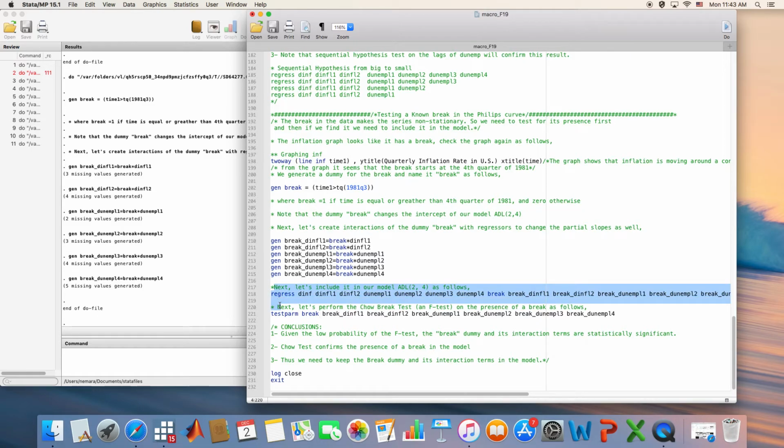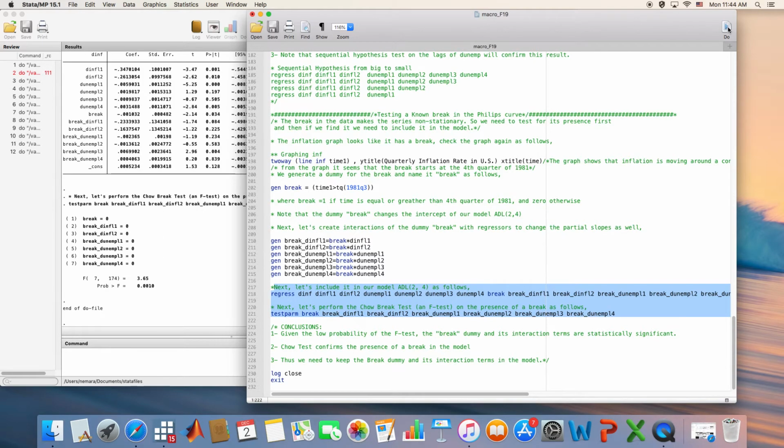So we do the regression and we do the test. And as we can see, there is a 0 probability that these are equal to 0. In other words, the break is important. So anytime I'm estimating this model, I need to take this break into consideration because it's affecting the relationship between lags of inflation, lags of unemployment, right?